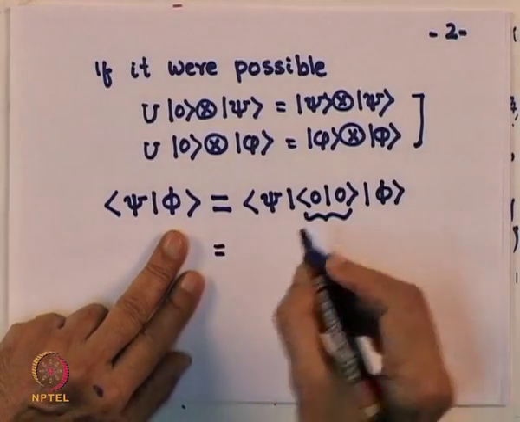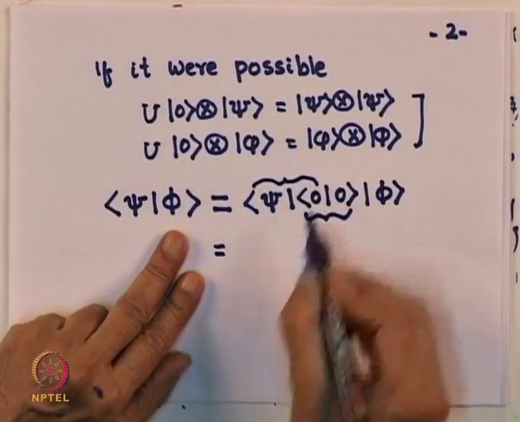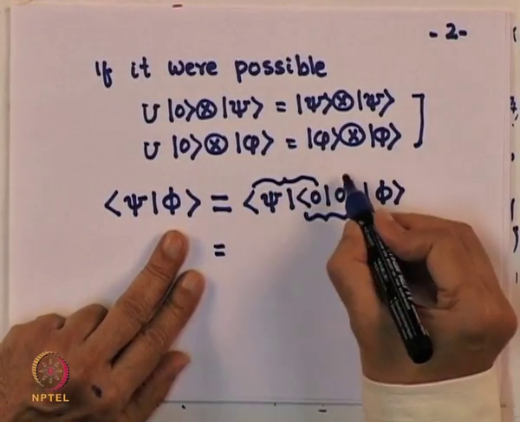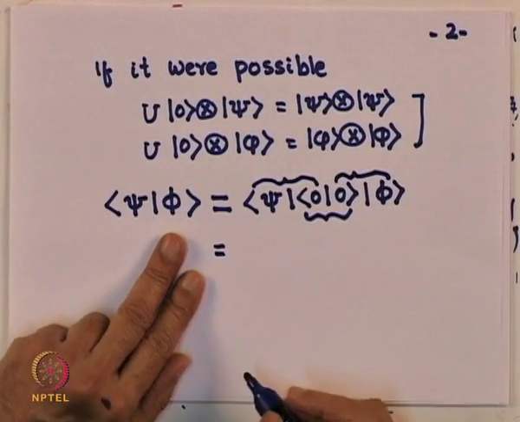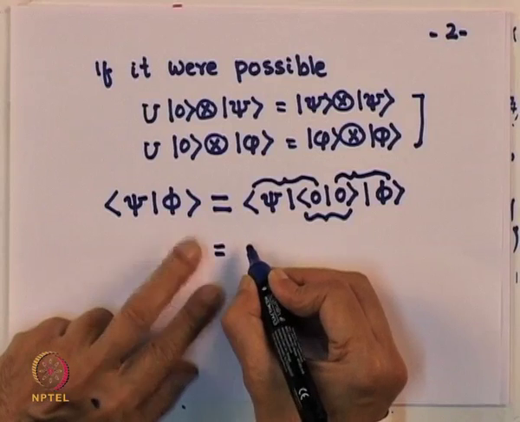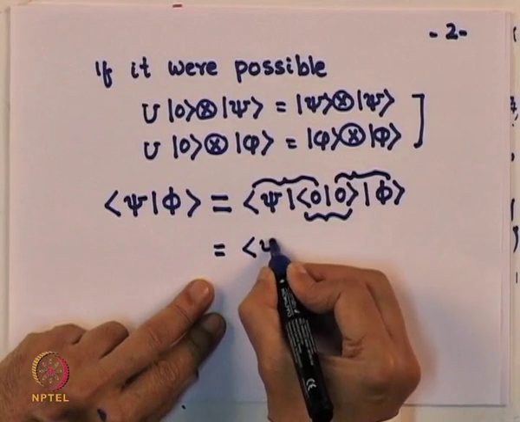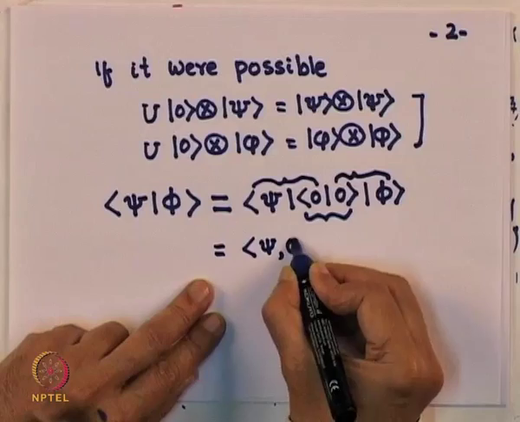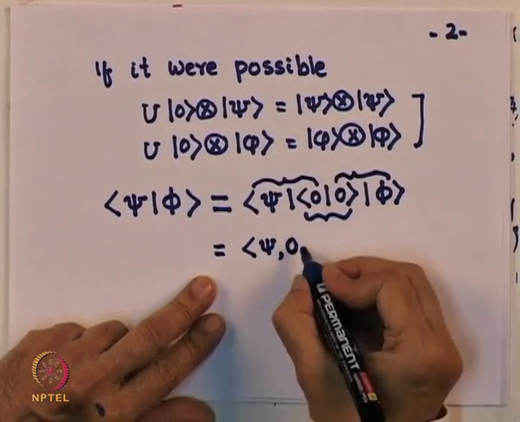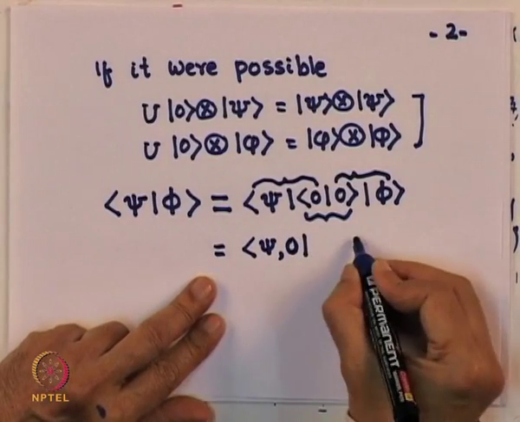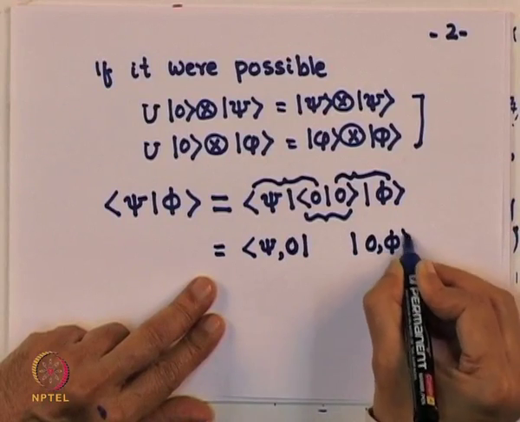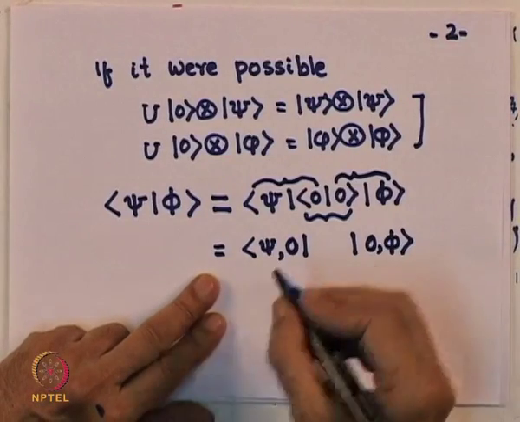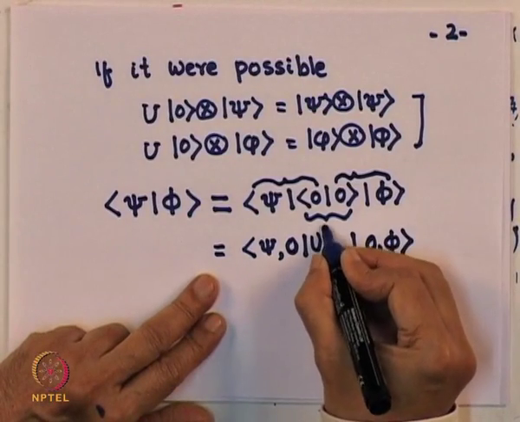But then this bra is psi 0 bra and this ket is 0 phi ket. So, therefore, this can be written compactly as psi 0, and of course, there is phi 0, but let me come back to 0 phi or phi 0, it does not matter.